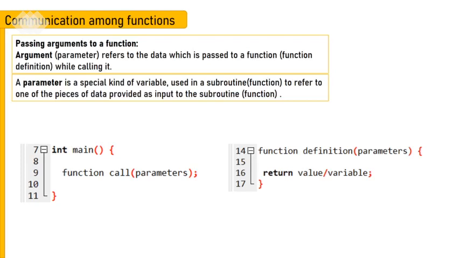Passing arguments to a function. Arguments or parameters refer to the data which is passed to a function or function definition while calling it.